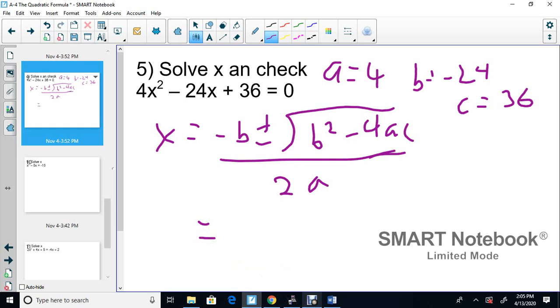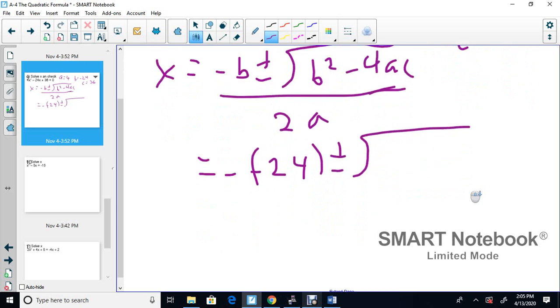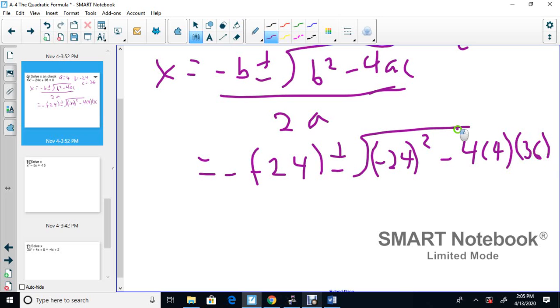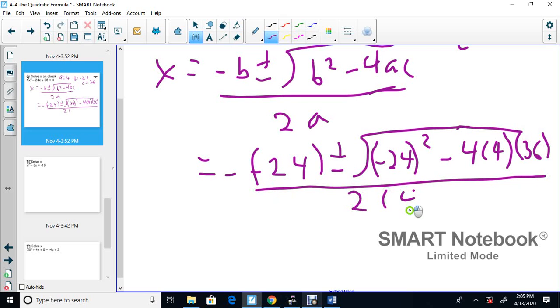So negative b here, so it's negative 24 plus minus the square root, so b squared is, we'll scroll down, minus 24 squared, so minus 24 squared minus 4 times 36 all over 2 times 4.